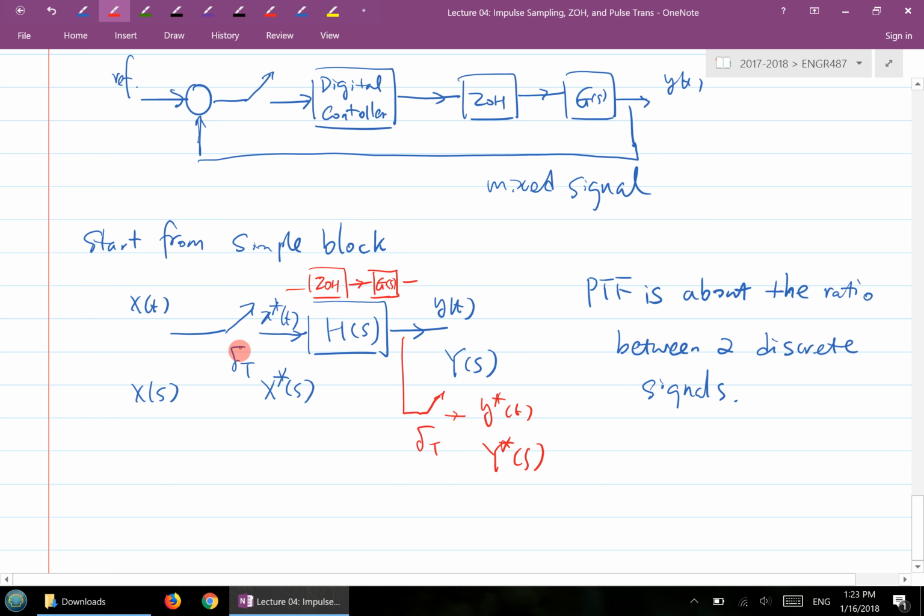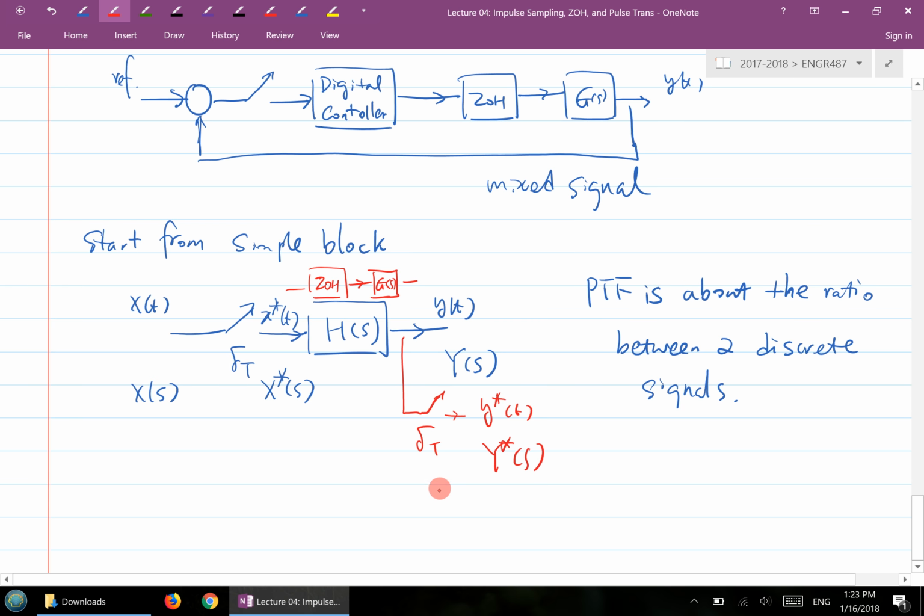But this one here, when you're doing actual control, I have my signal given to the actual system and look at the system output. I don't need to do anything at all, because I already have the system output. So I don't need to physically add another impulse sampler to obtain this. You could also use software to generate a sequence of numbers here. So that one doesn't have to physically exist.